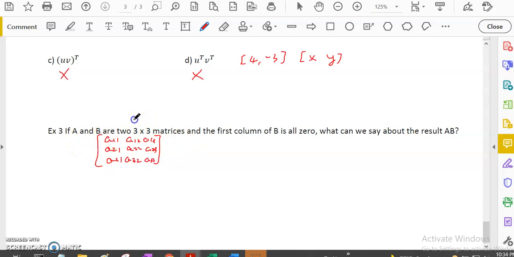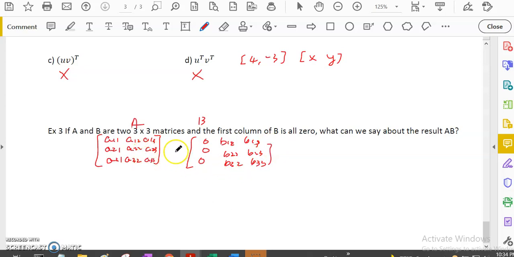Okay, so that's A. And B has its first column all 0, 0, 0. And then I have B12, B13, B22, B23, B32, B33. Now, these are all variables.